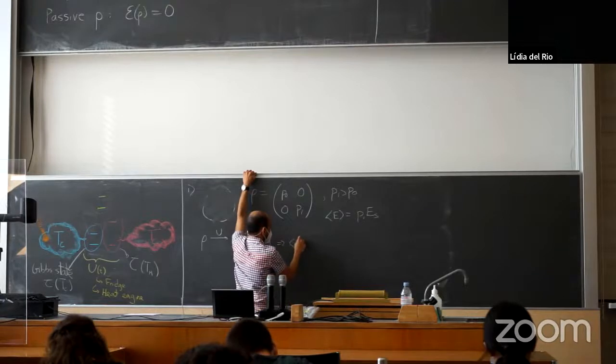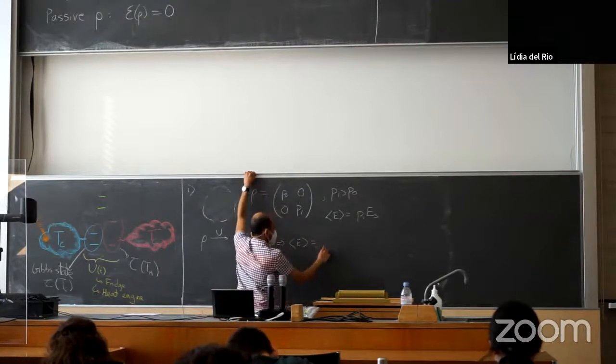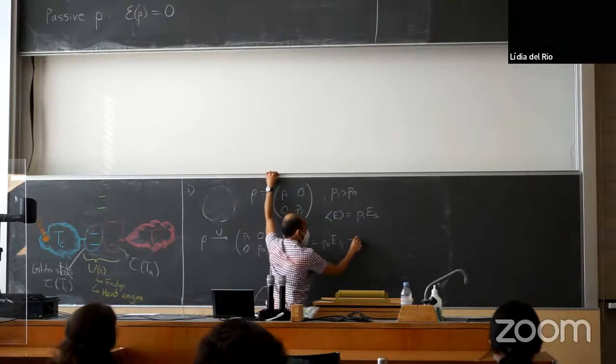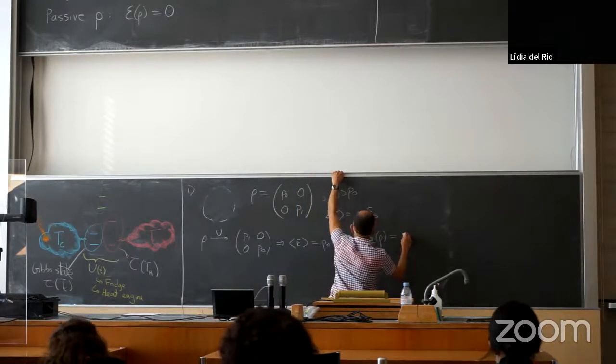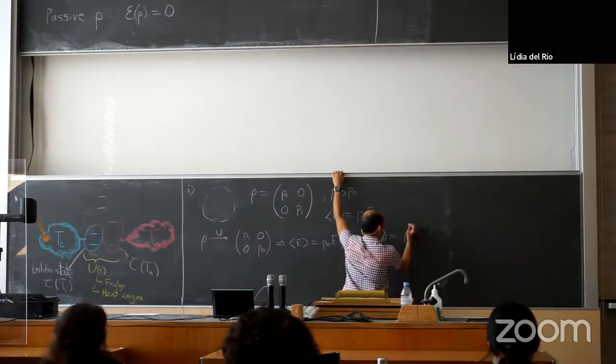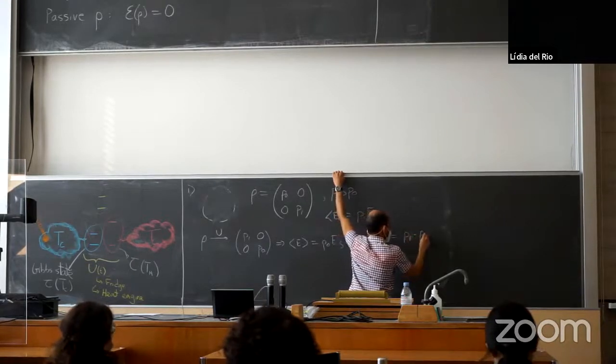But the final energy is equal to P0 E of the system, and so the ergotropy of rho is simply equal to E times (P1 minus P0).